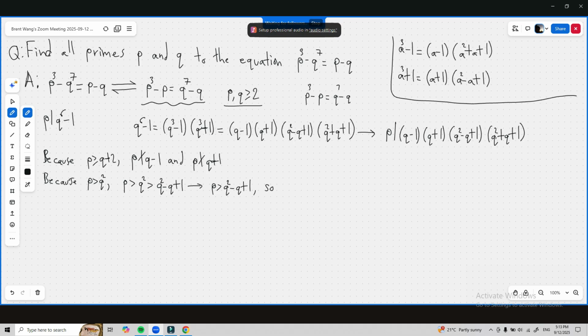So, as a result, P cannot divide Q squared minus Q plus 1. Therefore, by default, P has to divide Q squared plus Q plus 1.